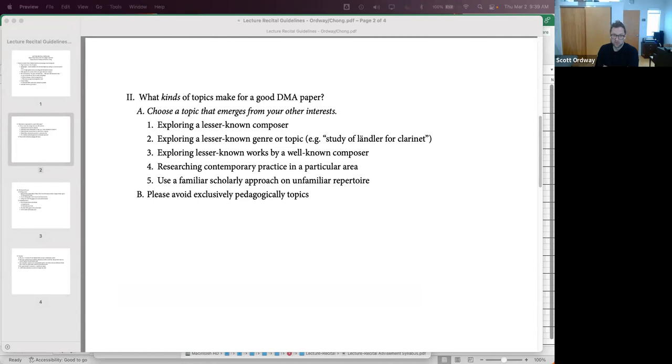You could explore lesser known works by a composer who's well known. If there's a composer who's known primarily for chamber music, but also wrote a little bit of vocal music that nobody really knows about, that can be an interesting thing to talk about. Researching contemporary practice is always a great idea, because if you're working with more recent composers, it's less likely that other scholars have already written everything there is to write about them.